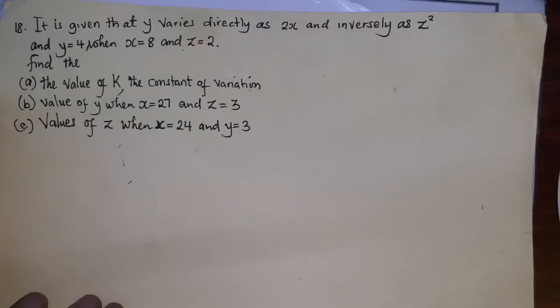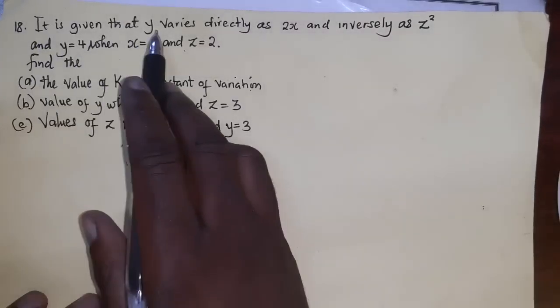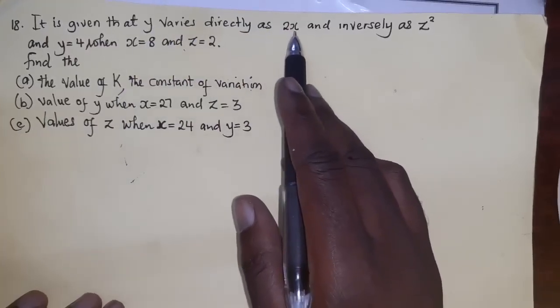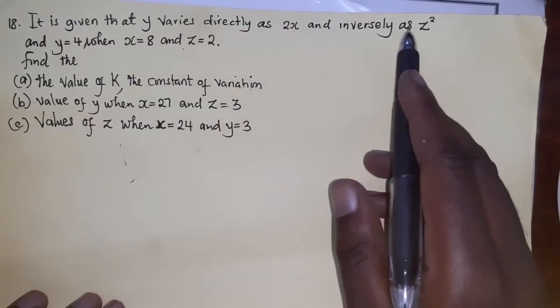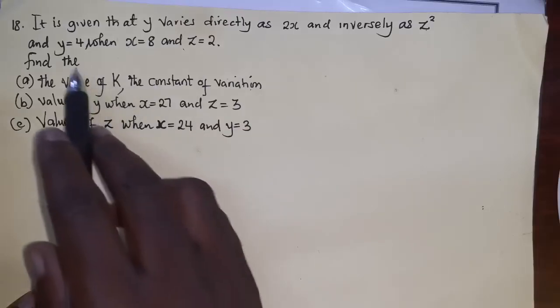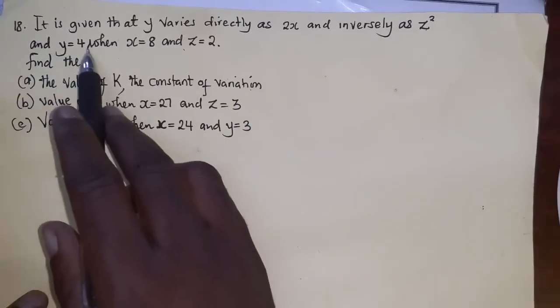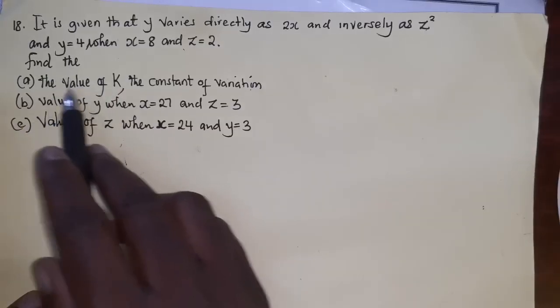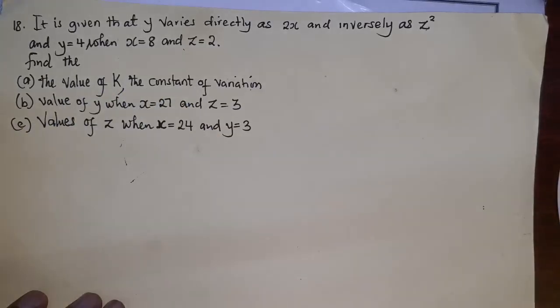So we come to question 18. It is given that y varies directly as 2x and inversely as z squared. And y is equals to 4 when x is equals to 8 and z is equals to 2. Find the value of k, the constant of variation.